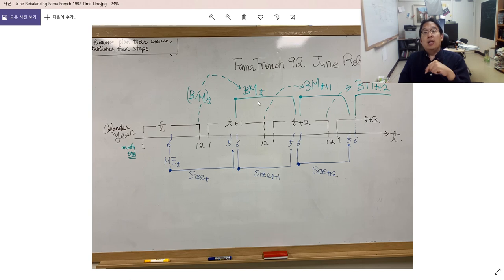In the 1990s or even before that, it took longer, so it may have gone to March or April. So the book value of equity, and the PB ratio based on it as of December 31st, is not observable until April or May. But by the end of May, pretty much it will be visible. It will be public information.